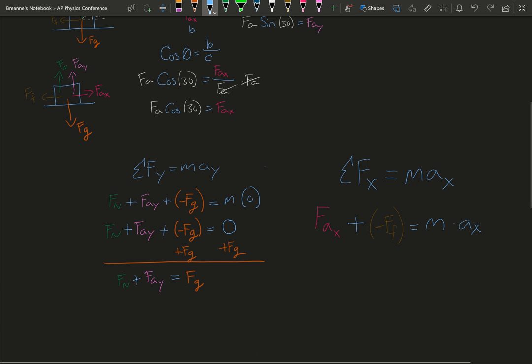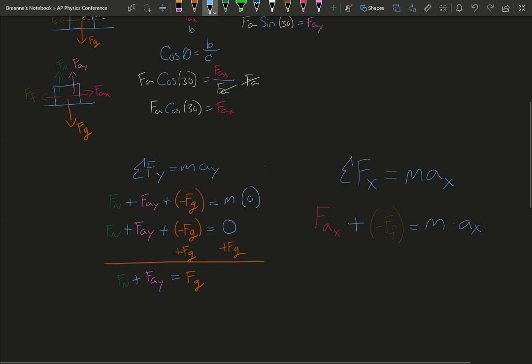We can't do anything fancy with that because we know it's moving, we're pulling across the ground, so we can't simplify that very much anymore. So that would be the equation we would use to solve for that, if we were looking for our acceleration.